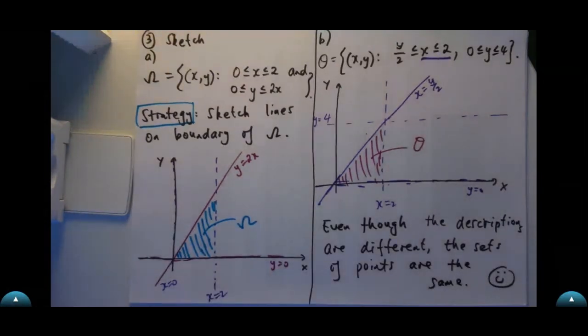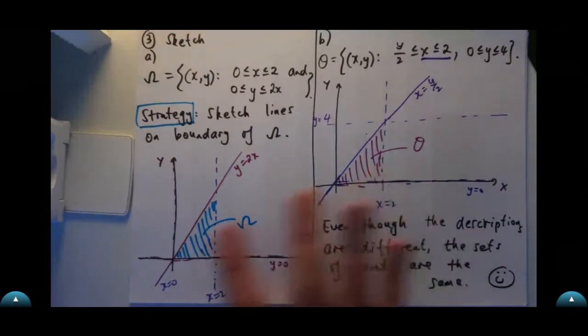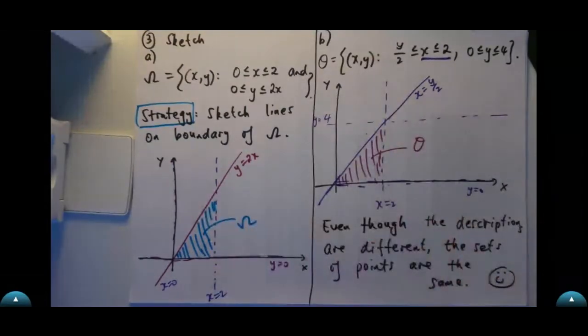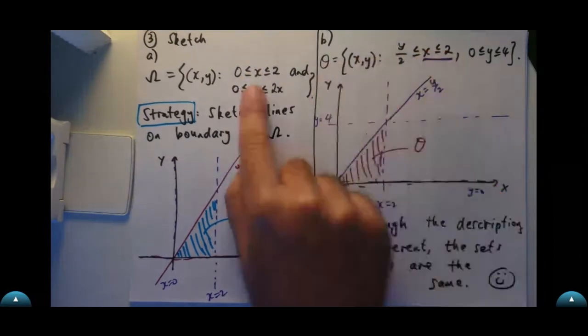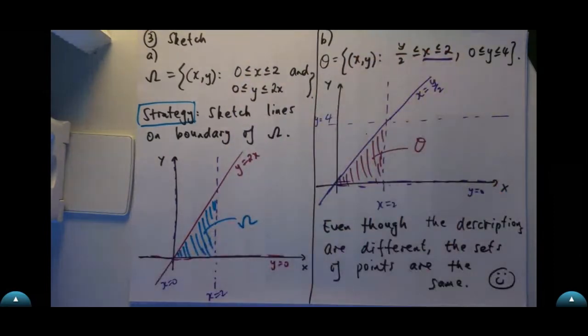So they both occupy the same space. One of the interesting things here is that you can describe these sets slightly differently, but they're the same set.